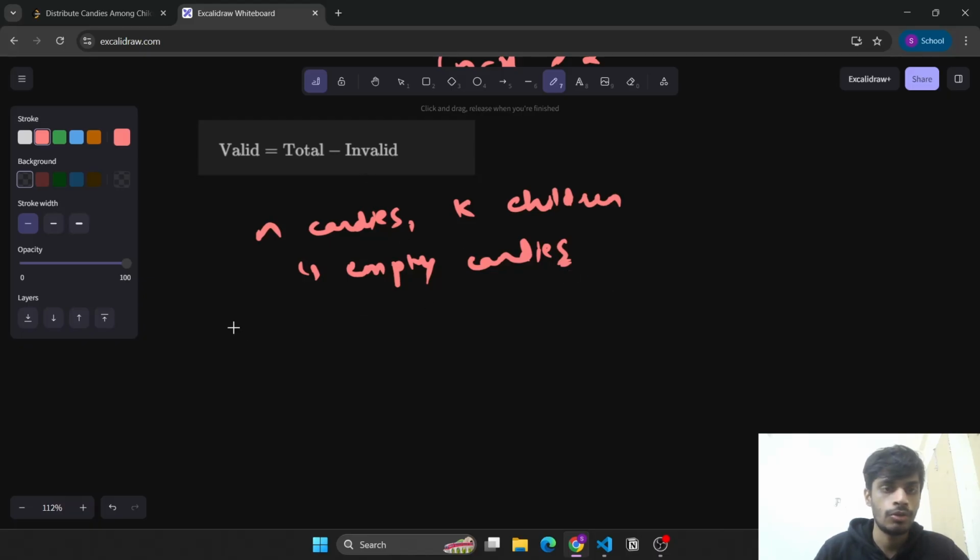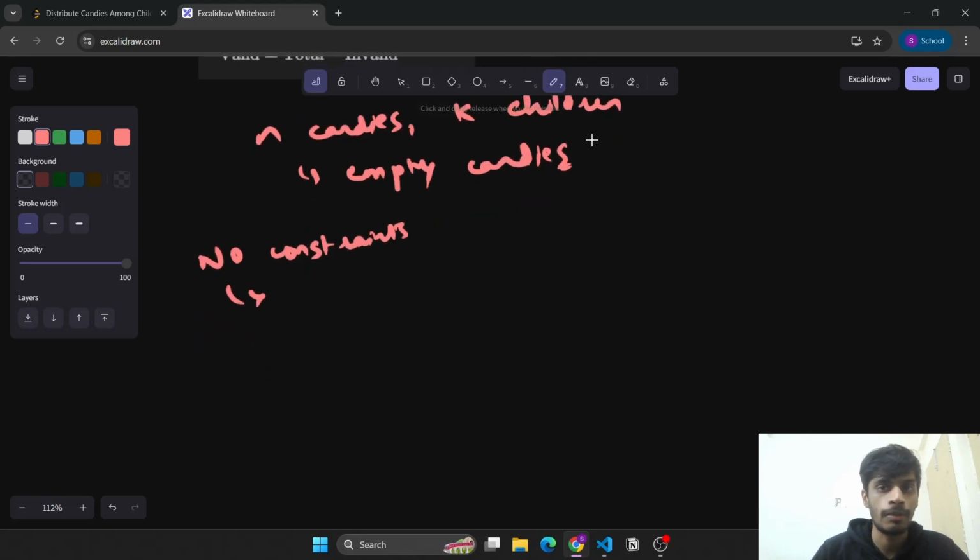So suppose there were no constraints. Then the number of ways to distribute n candies among k children with 0 candies allowed would be what?